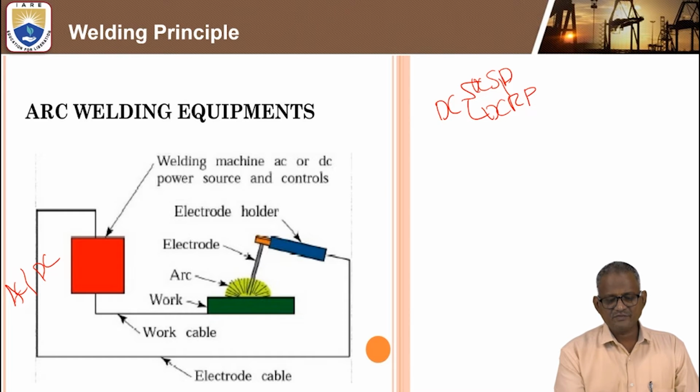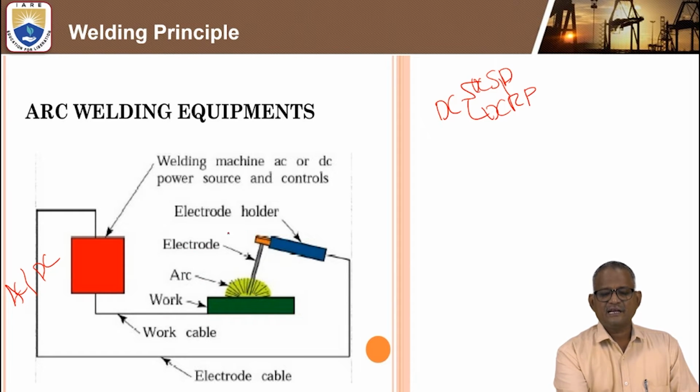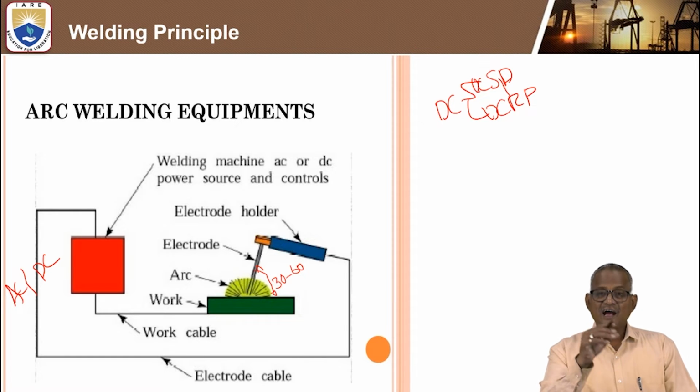Coming to this, there will be a work cable connected to the workpiece, and the electrode will be kept in the electrode holder to create the arc. The electrode angle is also very important, approximately 30 to 60 degrees based on the joint.